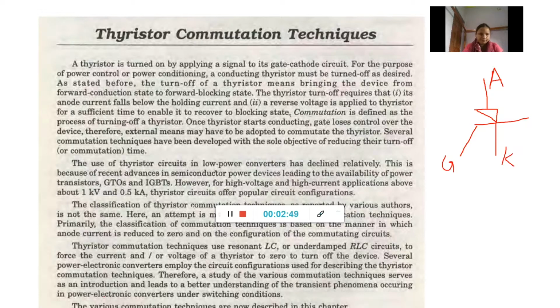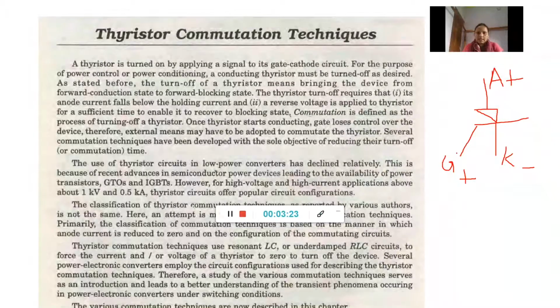So what happens when we want to turn on a thyristor or an SCR? We apply a positive gate signal. Positive gate signal means gate is positive with respect to cathode, and initially, when we give a forward voltage, that means anode positive with respect to cathode, the thyristor is in forward blocking state.